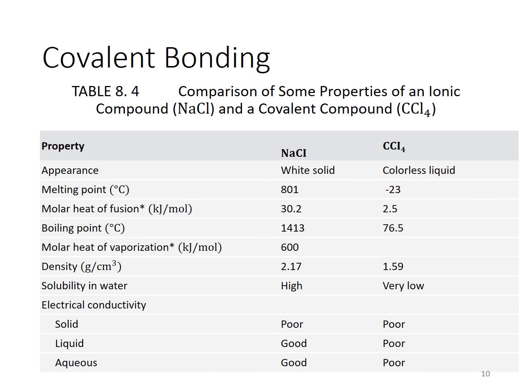You can see there's very different melting points. Sodium chloride takes 800 degrees Celsius to melt, where you can get carbon tetrachloride to be a solid, but it's at below negative 23 degrees Celsius. And you can see differences in boiling points, solubility in water, high versus very low, and electrical conductivity.